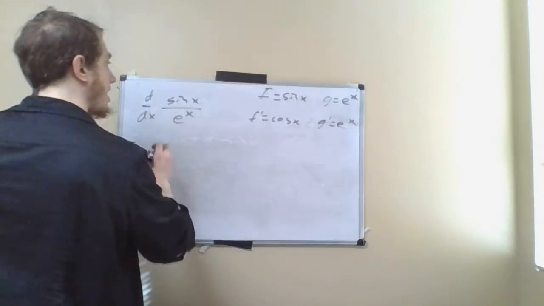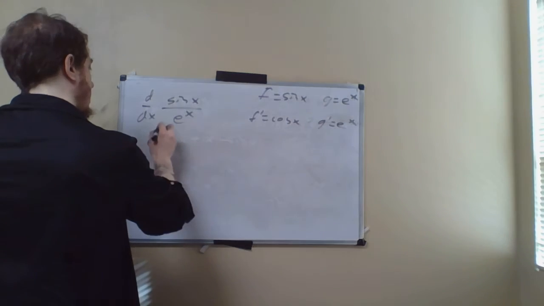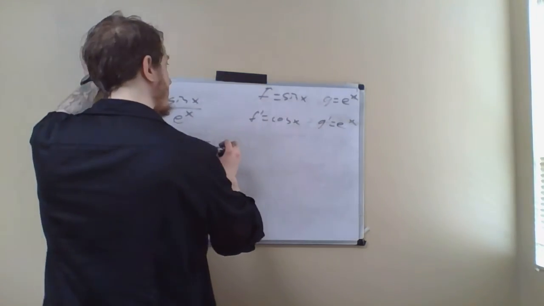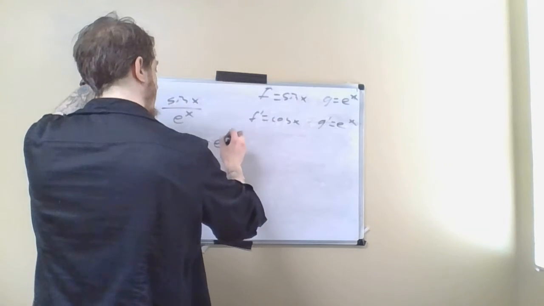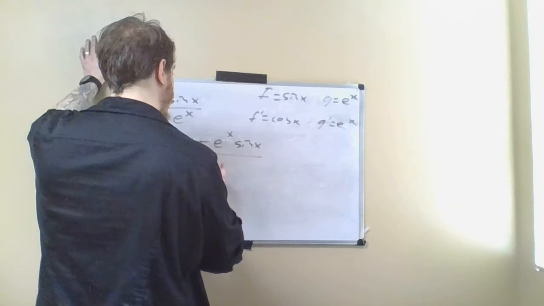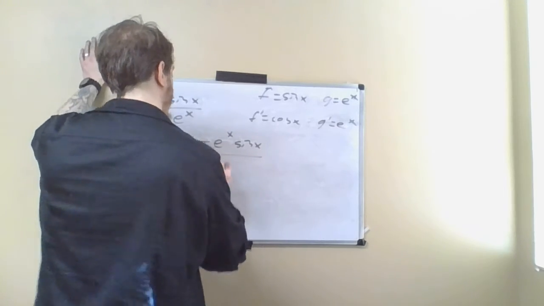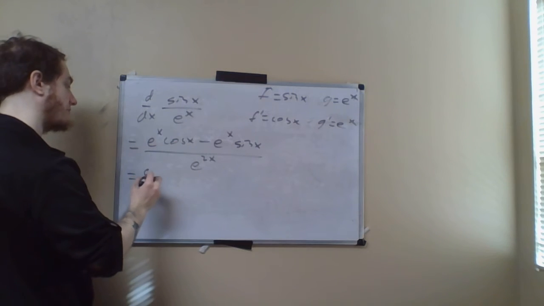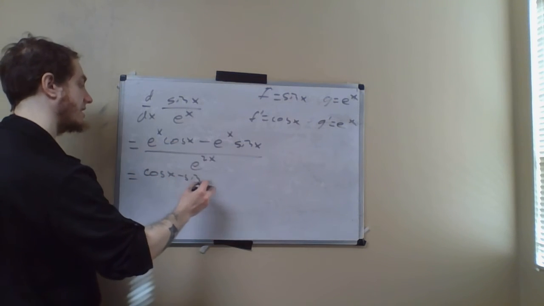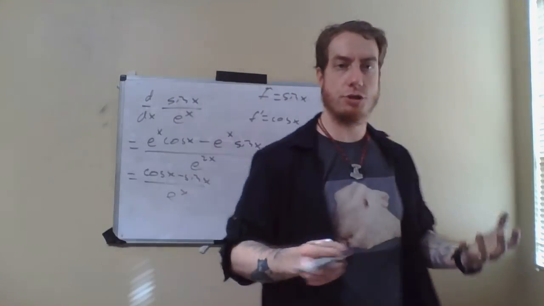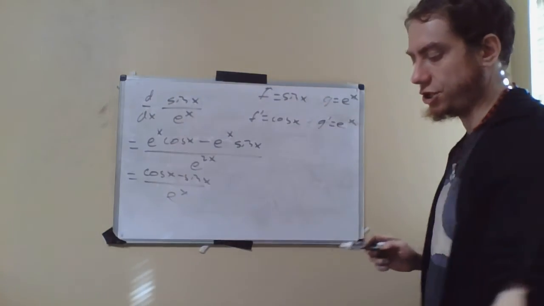So f prime times g, that's e to the x cosine x, minus f g prime, that's e to the x sine x, divided by g squared, which is e to the 2x. But of course, you can cancel out an e to the x here, and you are left with cosine x minus sine x, divided by e to the x.